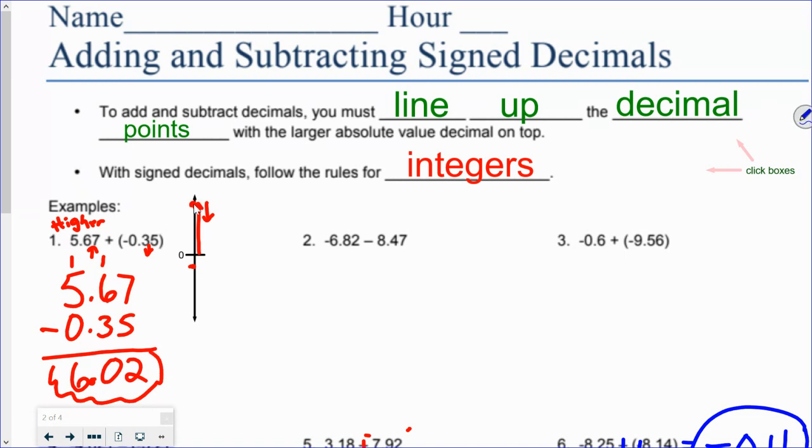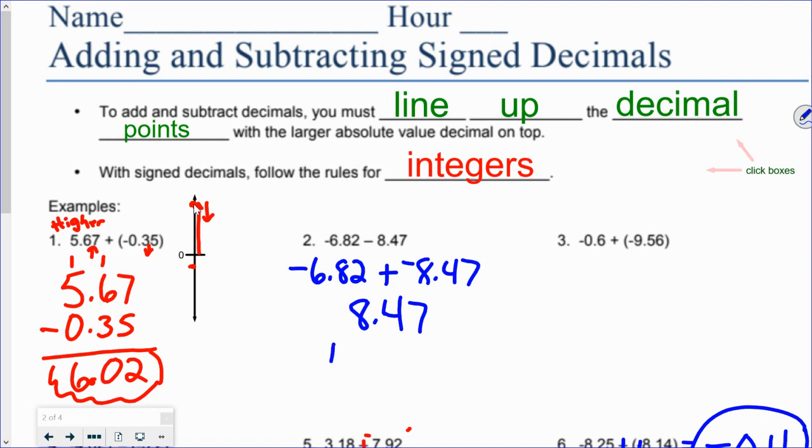All right, let's look at number 2. It's subtraction, so we have to add our opposites. Keep the first one, we're going to change to addition, and then what's the opposite of a positive? A negative. So these are same signs, so we have to add and keep them. Let's line it up with the largest value on top, which is 8 and 47 hundredths.